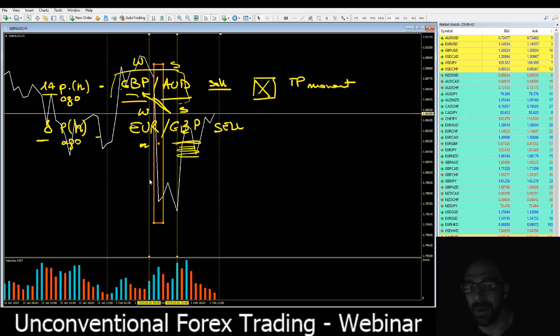Then look at this point, which is the point where I should trigger Euro GBP in sell. Look at the GBP Aussie that bounces up. So clearly the movement that, this is my take profit line.